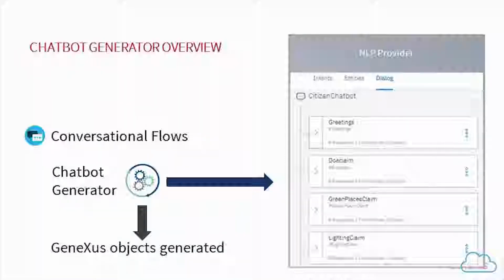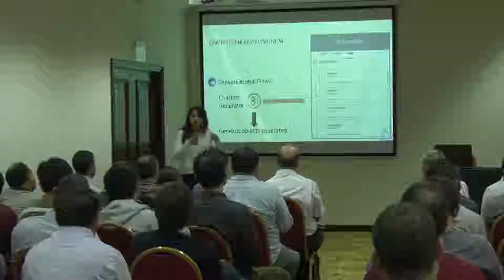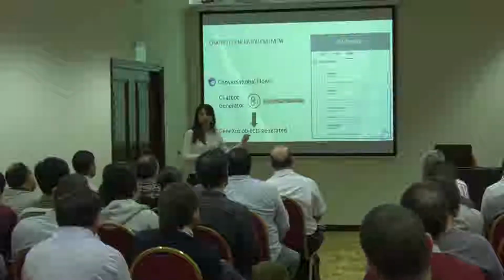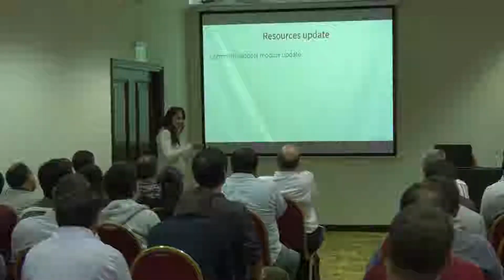So for the provider, there will be a dialogue with all the intents and the entities, and I won't have to be concerned about doing it. On the side of GeneXus, the objects are going to be created with the whole logic to interact with this dialogue that has been created on the side of the provider.